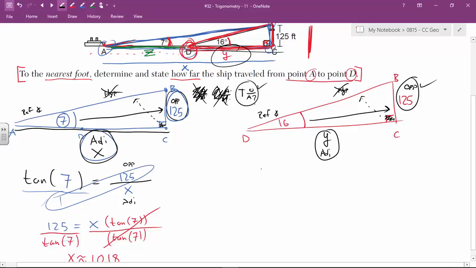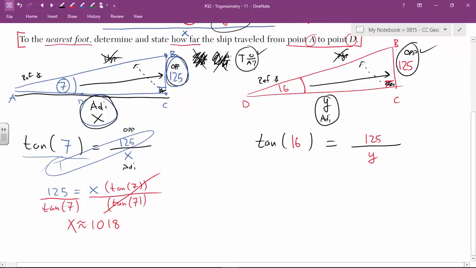So this is, once again, the tangent of whatever my reference angle is. That has to be equal to whatever my opposite side is divided by my adjacent. You can just write the next stuff that I'm writing in. It's the tangent of my angle, 16, has to equal my opposite side, 125, divided by y.